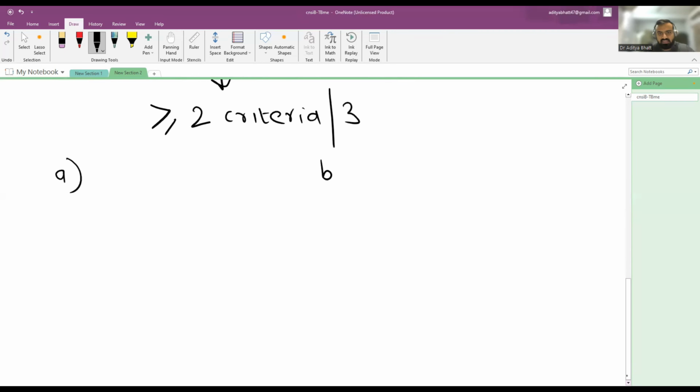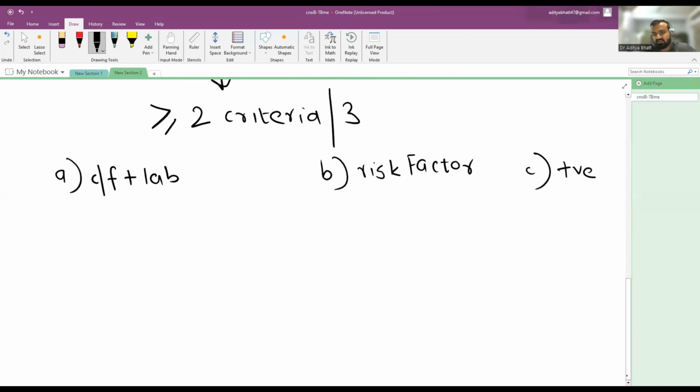Criterion A is the clinical features plus lab criteria, criterion B is the risk factors, and criterion C is the presence of TB in the body. Out of them, if 2 or more are positive, then you can label it as TB meningitis.